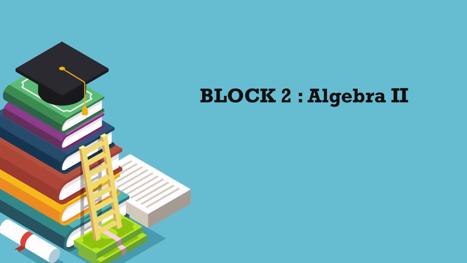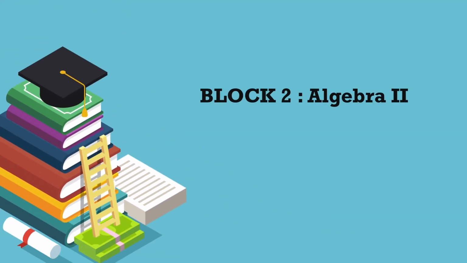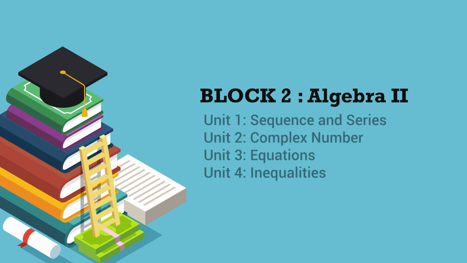And I already said that block 2 covers algebra 2, where we will be discussing sequences and series, complex numbers, equations and inequalities. The inequalities are again directly related to the concepts of linear programming, which we will discuss in block number 4, wherein we are going to discuss vectors and 3-dimensional geometry.